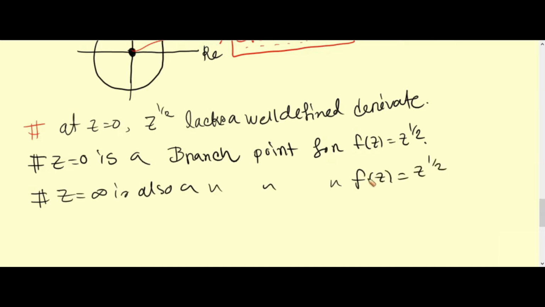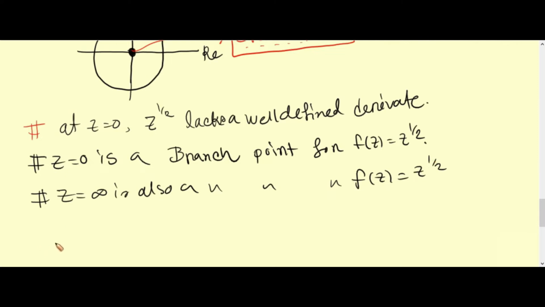This is easily seen by the inverse mapping, that is, if you just take z to be 1 upon t, as z goes to 0 you can see that t is blowing up, or when z goes to infinity t goes to 0. So these two are the branch points for square root over z.